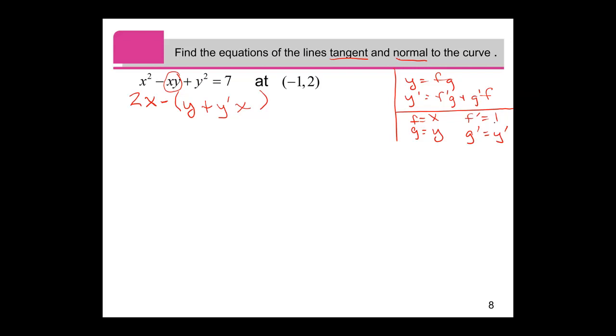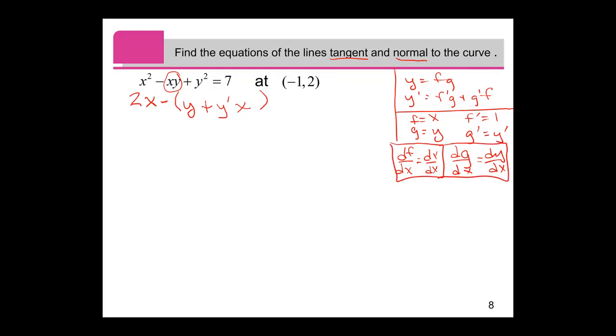Sure. So let's just write it instead of with primes. If I want to know what dg dx is, isn't it dy dx? If I want to know what df dx is, it's equal to dx dx, which is 1.